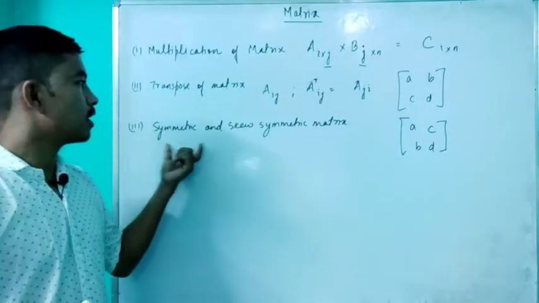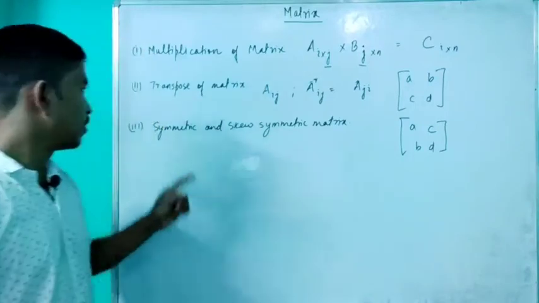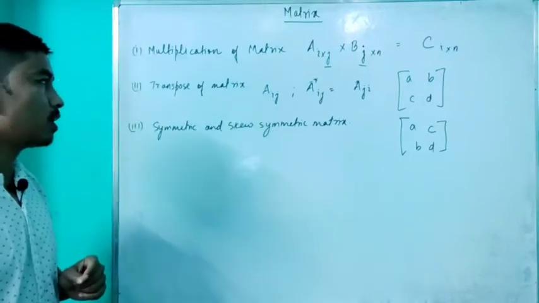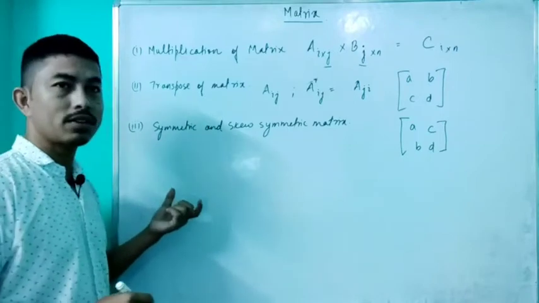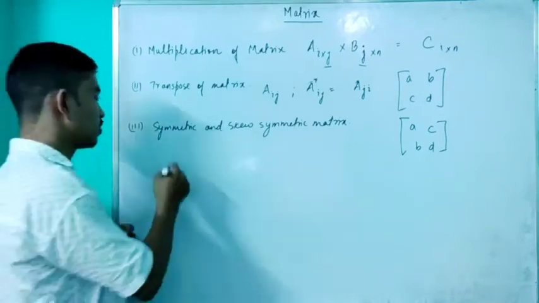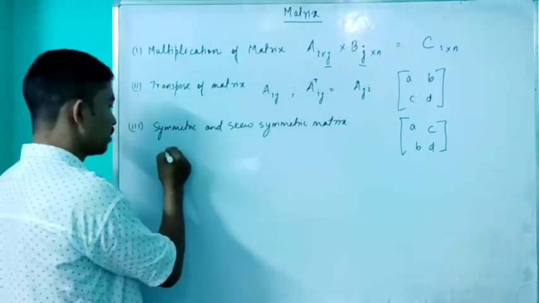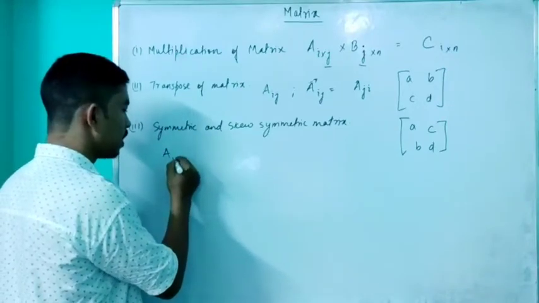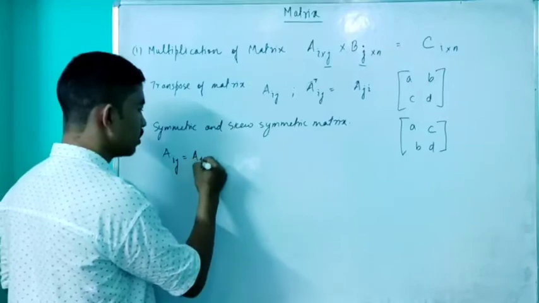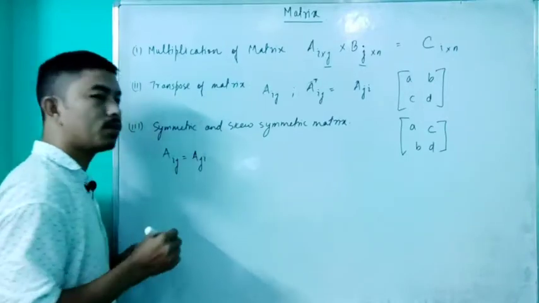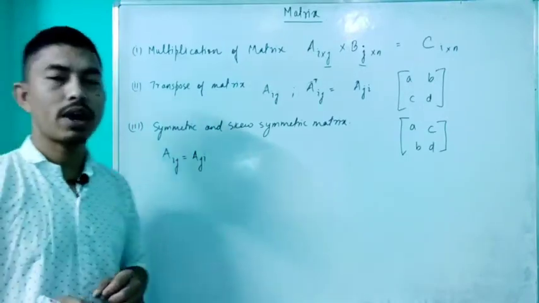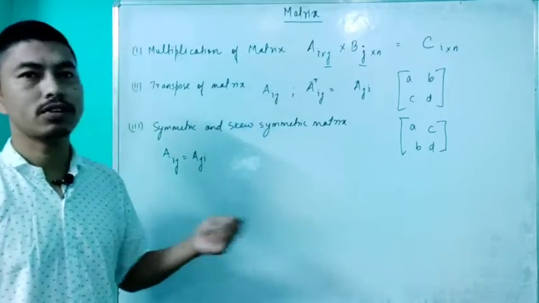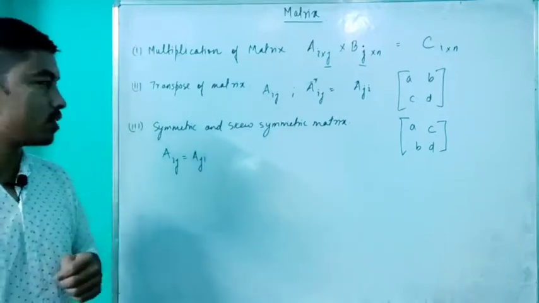Then comes the symmetric and skew symmetric matrix. The symmetric matrix is the one in which the matrix is equal to its transpose. The matrix is said to be a symmetric matrix if A ij is equal to A ji. Okay, so if you interchange the rows and columns of the given matrix, the matrix obtained will be the same as the original matrix.